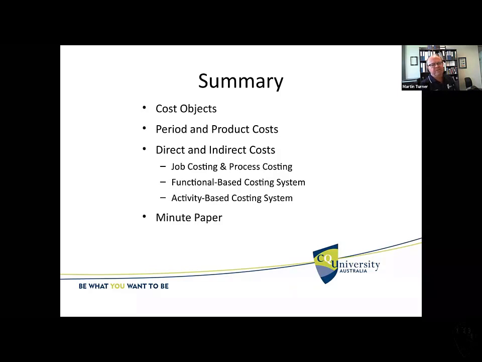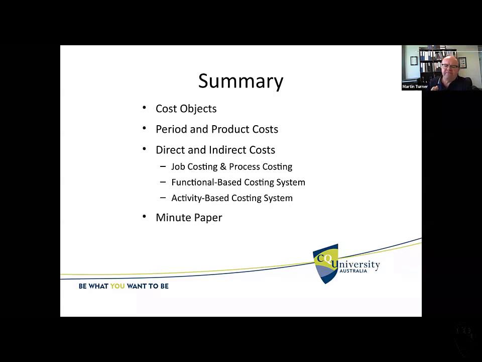The job could be an individual product or a group of products, and it's used widely, and you're probably using it in various service industries that you might be working in. And process costing is where we're attaching both direct and indirect costs to products, but we're doing it where we can't identify the product. And so we do it to processes. And then from the process, we attach them to the products going through.